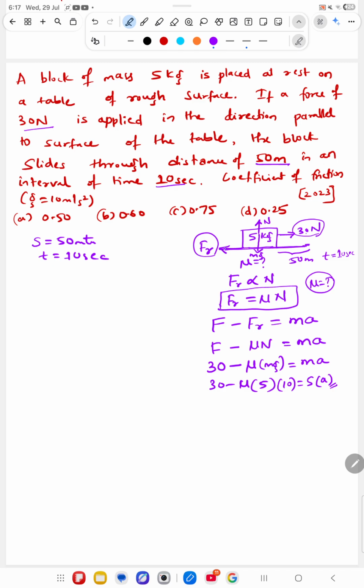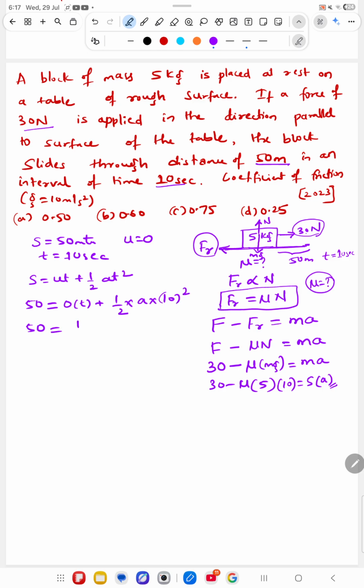Initially this object is at rest on the table, so u is equal to 0, so I will use the equation s equals ut plus half at square. So s is 50 meter, u is 0 into t, plus 1 by 2 into a, acceleration I don't know, and the time t is 10 square.